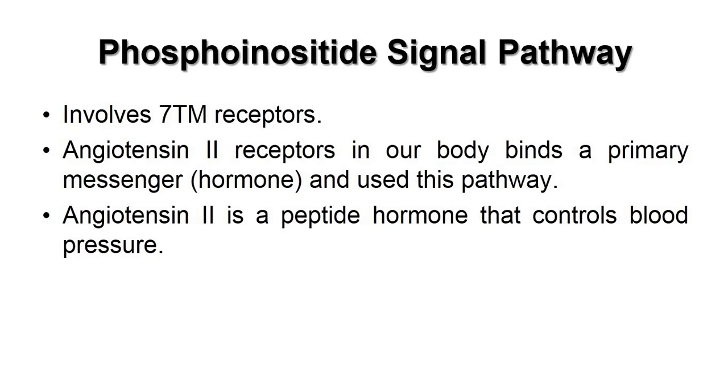This renin converts inactive angiotensinogen to active angiotensin 1, and angiotensin converting enzyme in turn converts angiotensin 1 to angiotensin 2. This angiotensin 2 is responsible for control of blood pressure, and that is why this signaling pathway is very important, because it maintains the blood pressure of our body.